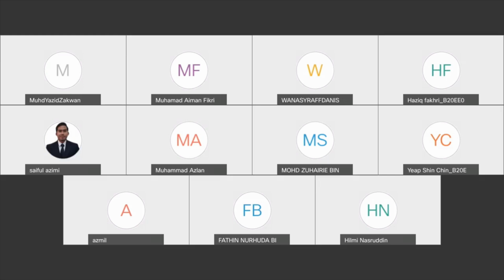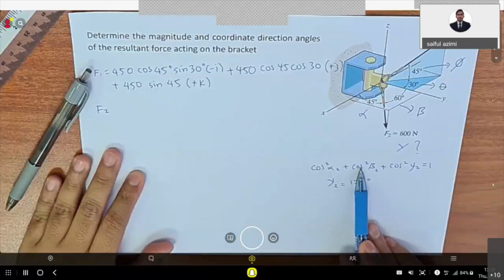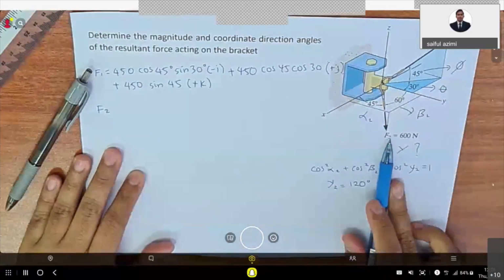Right. If you want to find gamma, because we don't have any gamma here, you need to use the cosine rule: cos square alpha 2 plus cos square beta 2 plus cos square gamma 2 equals 1. See, this is alpha 2, beta 2, because this is for force number 2.